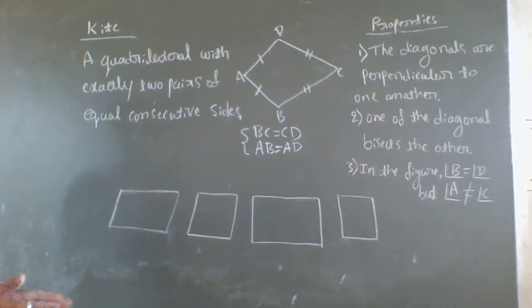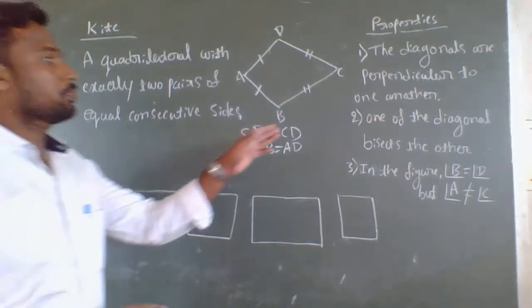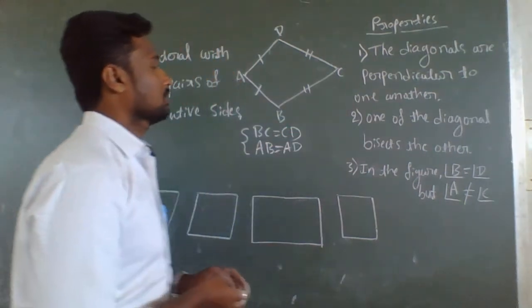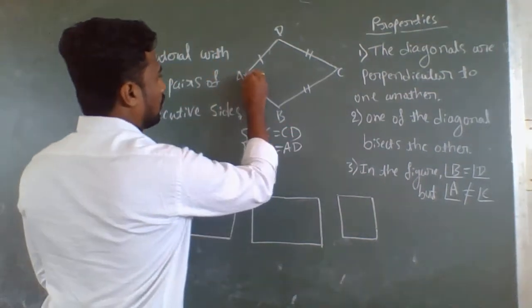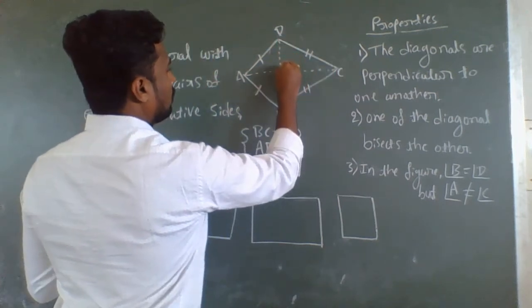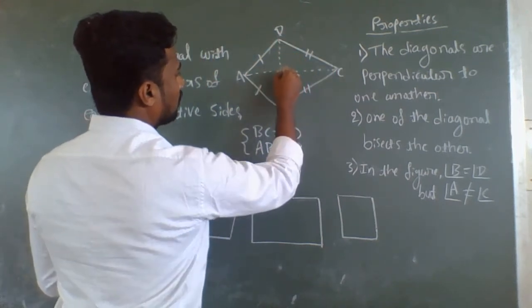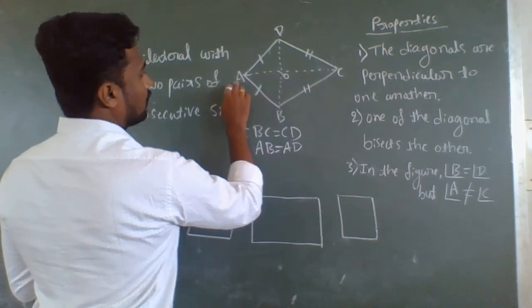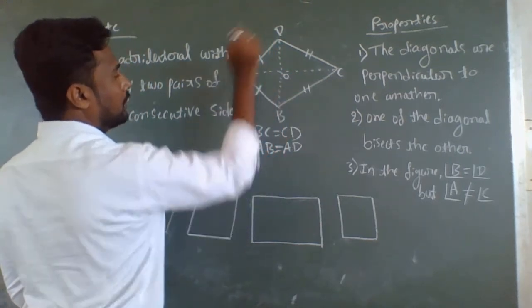The first property is that the diagonals are perpendicular to one another. Suppose, for example, here I will draw the two diagonals AC and BD.